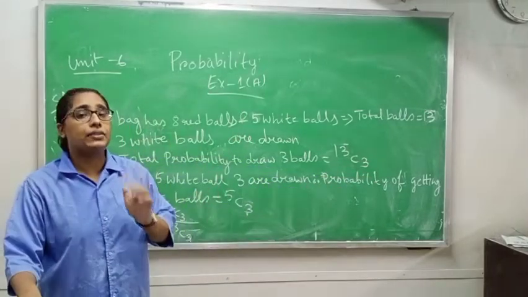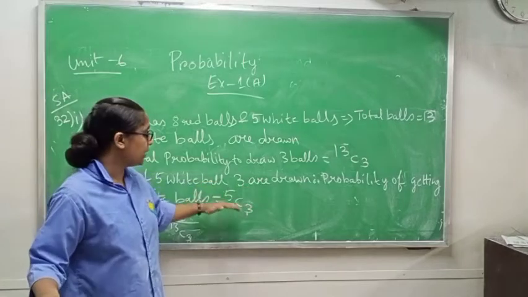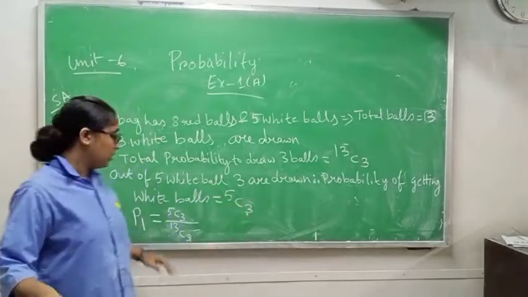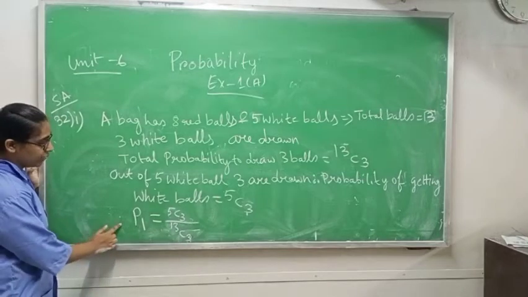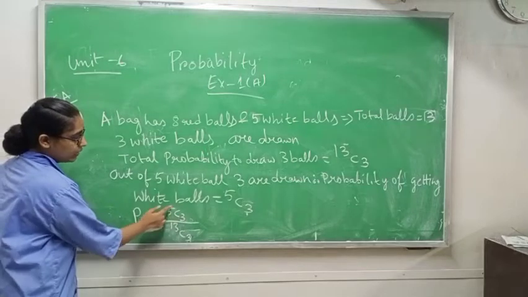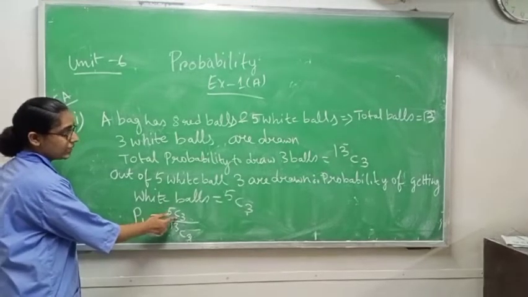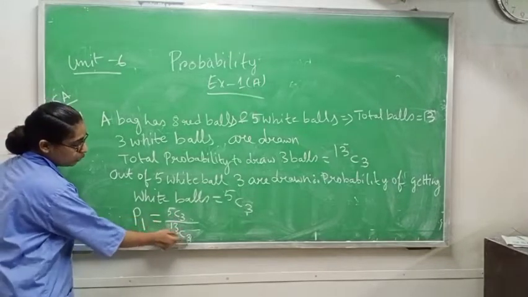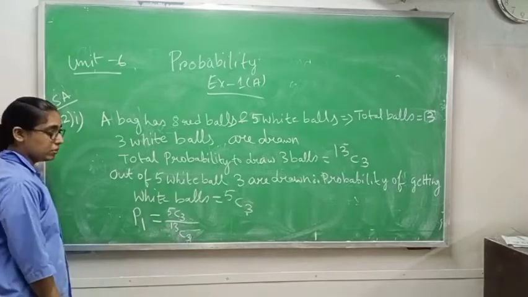But we have only 5 white balls, so from 5 we can take only 3. That is why I have written 5C3. Now probability of getting white balls, P1, equals 5C3 by 13C3. The event is taking 3 from the 5 white balls, and the sample space is taking 3 from total 13 balls.